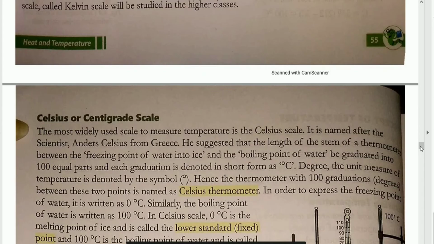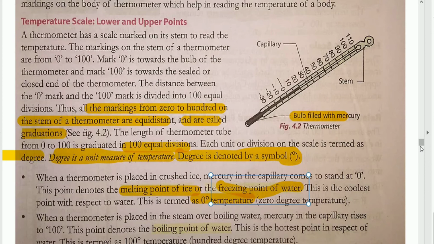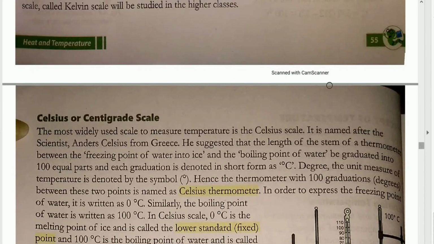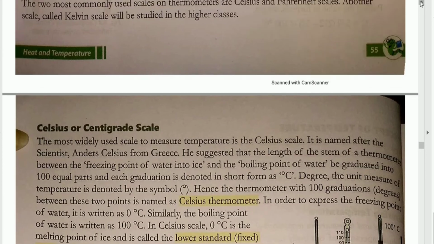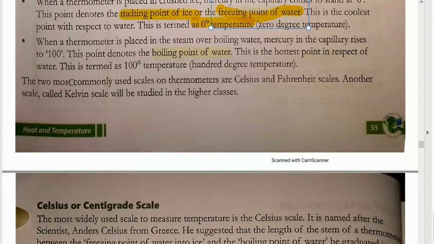When water starts to boil, this particular point is known as the boiling point of water.